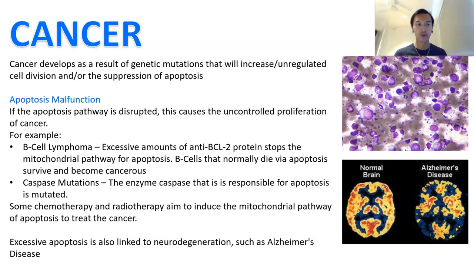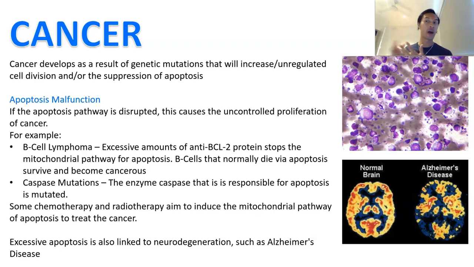So those are examples of how apoptosis can malfunction. Some chemotherapy and radiotherapy aim to induce this mitochondrial pathway so that, in an artificial sense, apoptosis gets triggered and it eliminates the cancer, particularly before it starts to spread too far around the body.